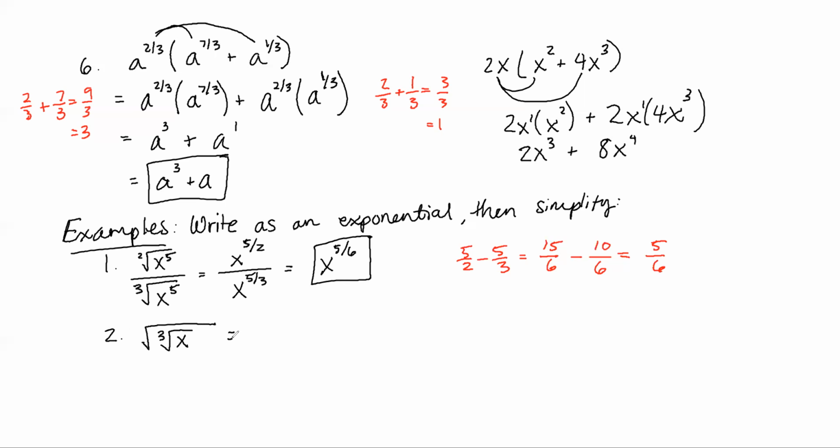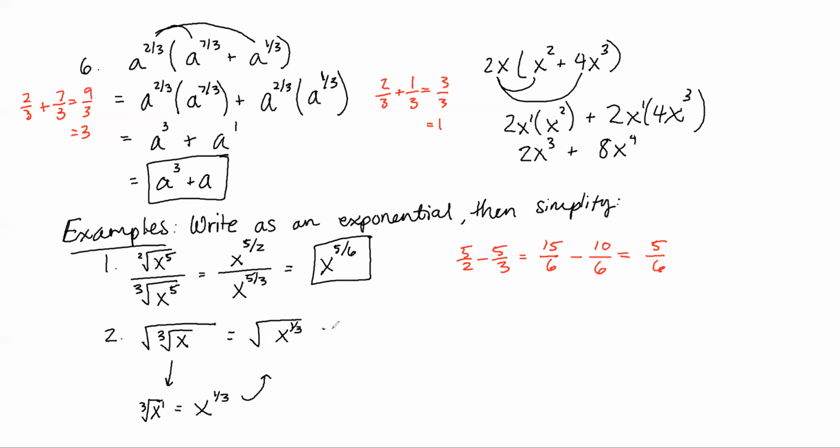First thing I'm going to do is write that cube root of x as an exponential. So I'm going to keep that square root. And now we're going to have x. So if we just had the cube root of x, this is going to be x to the 1/3. So we're going to put that on the inside.